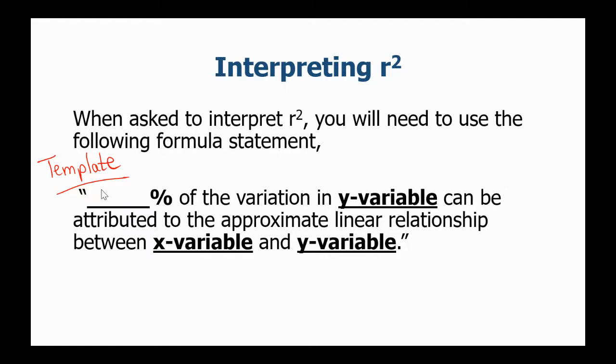Now, here's my little 2 cents about this equation as far as AP goes. Please actually write what the X and Y variables are. I was grading that assignment from Monday, that slope and intercept assignment, and several people said, M is the slope.